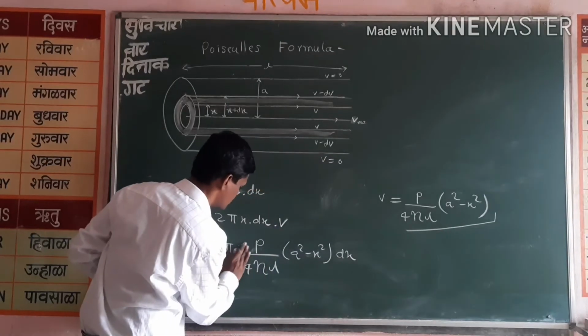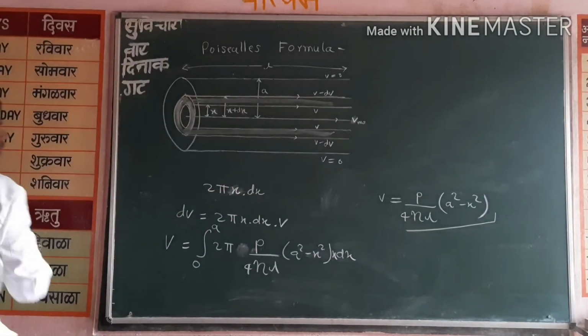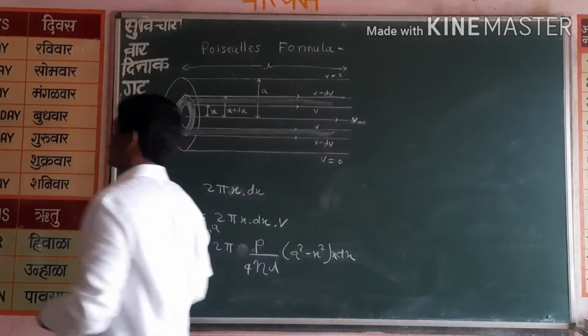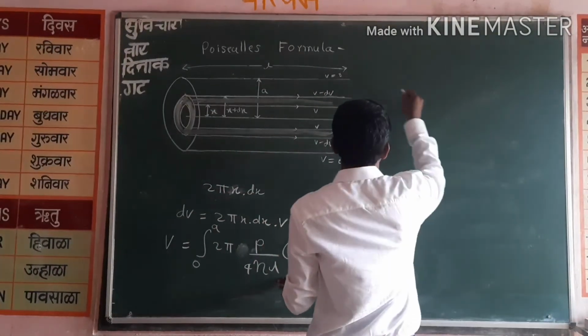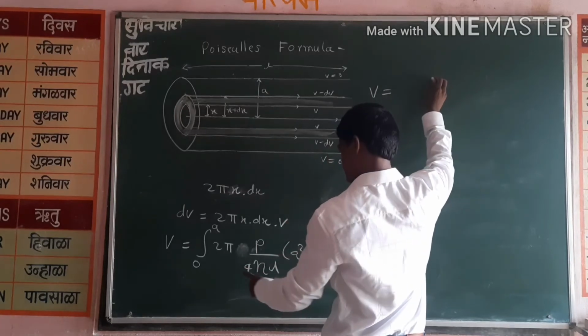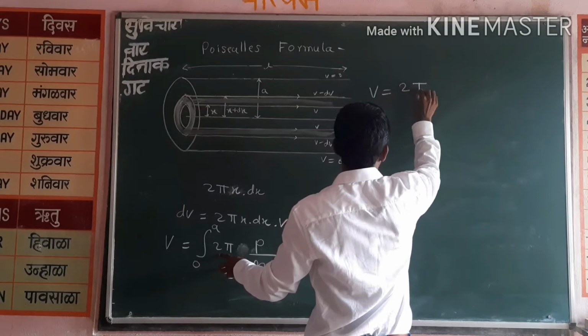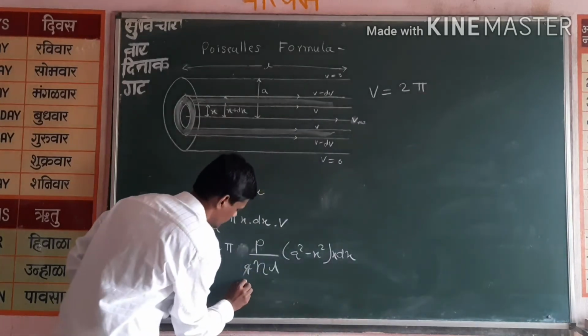Now taking constants outside, we get V equals 2π, here this 2 and this 4, it will be 2.